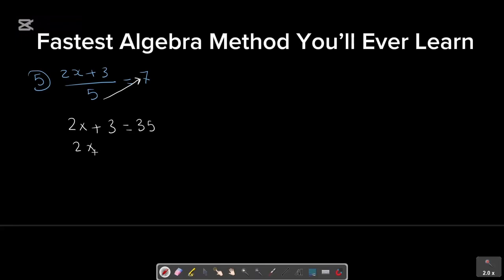Move the 3 to the other side, and you get 35 minus 3, because the 3 changes the sign. 2x equals 32. Now divide both sides by 2, and you get x equals 16. You're literally just crossing and multiplying. No complicated steps. Clean, fast, done.